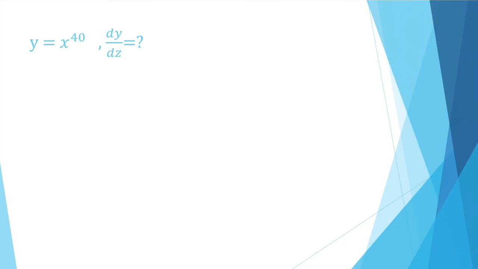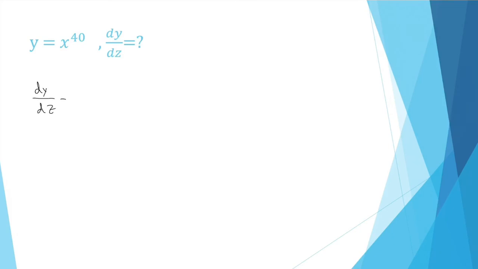And again, similar to the previous question, we want to recognize what is the outermost function. What rule do I need to use other than the chain rule? Because we already recognize that we need to use the chain rule, but that's the last step. So here, because we have a power again, we need to use the power rule.